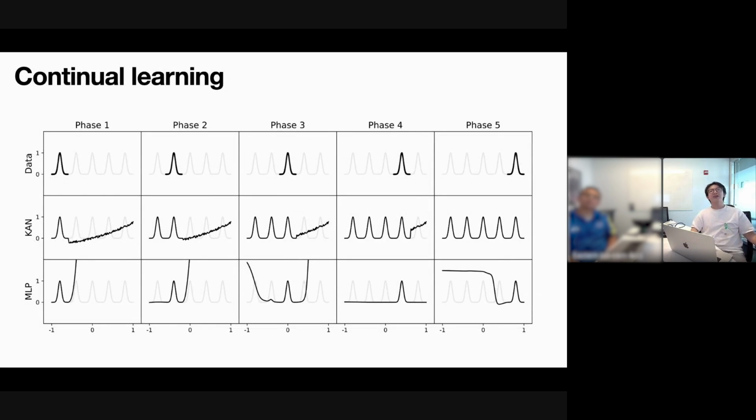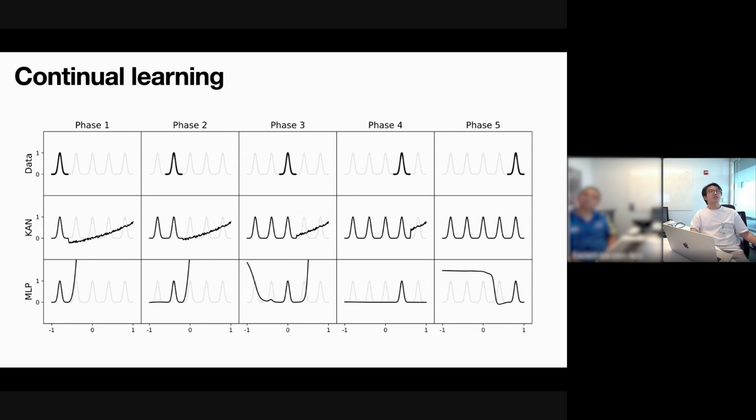Here's another quite contrived example, but I find the property to be quite interesting, so I still want to share this with you. In some cases we care about continual learning, where data are not provided to you in one shot, but in a streaming way.